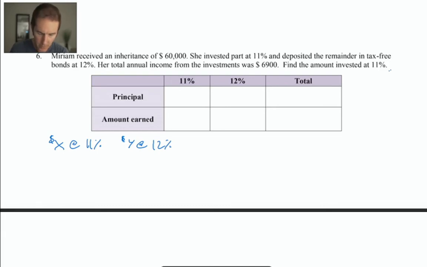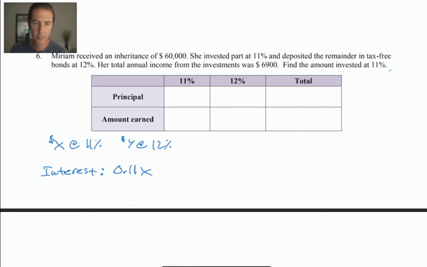Well, if we calculate interest, 0.11 is her interest rate multiplied by the X dollars that she invested at that interest rate. So if 11% of your money turns into interest, the word "of" translates to multiplication.